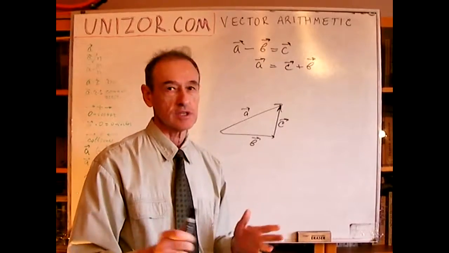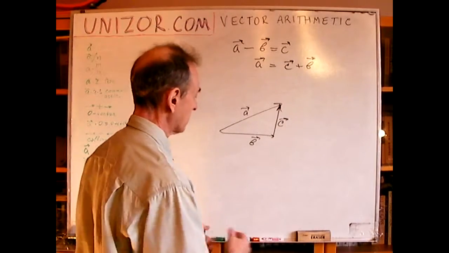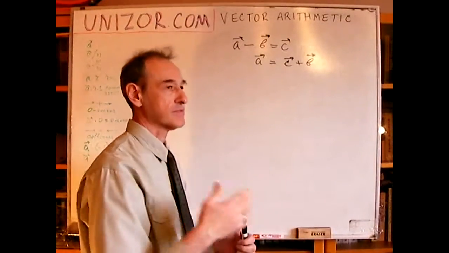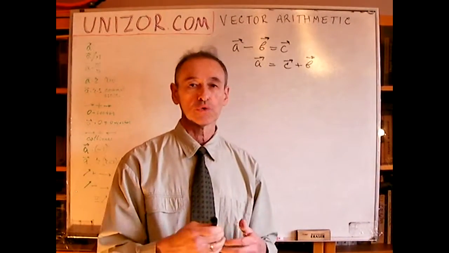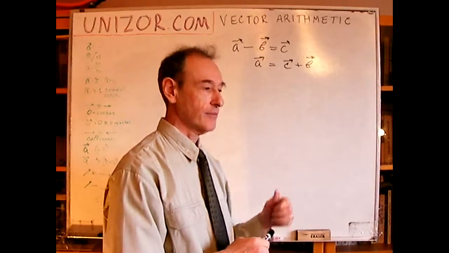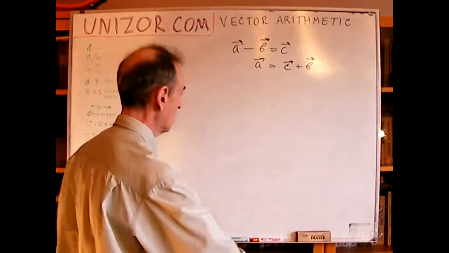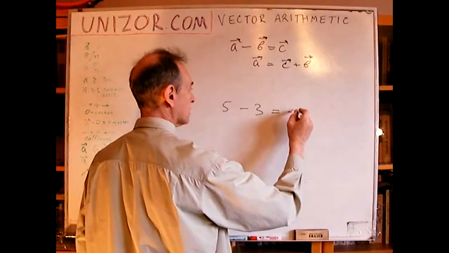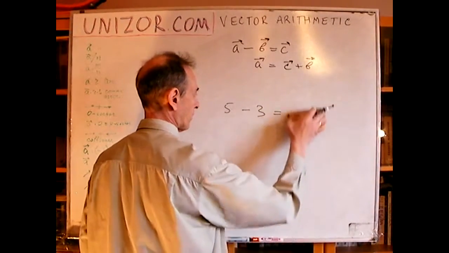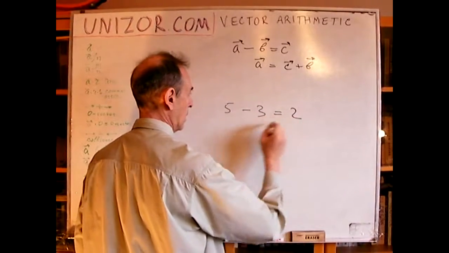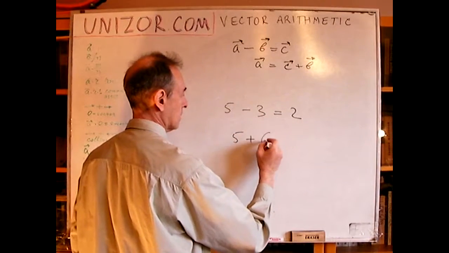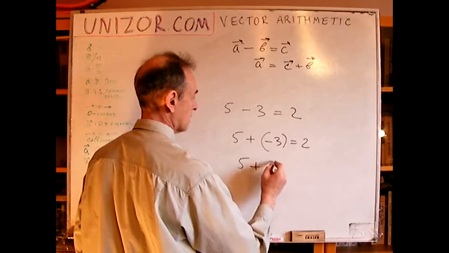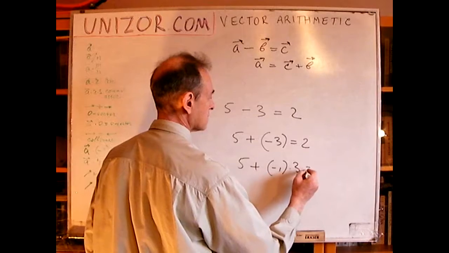Now, what's interesting, and this is just a side note, we would like certain arithmetic rules which we are used to to be true for vectors as well. Remember, 5 minus 3 is equal to 2. 5 plus minus 3 is equal to 2. 5 plus minus 1 times 3 is equal to 2, right?